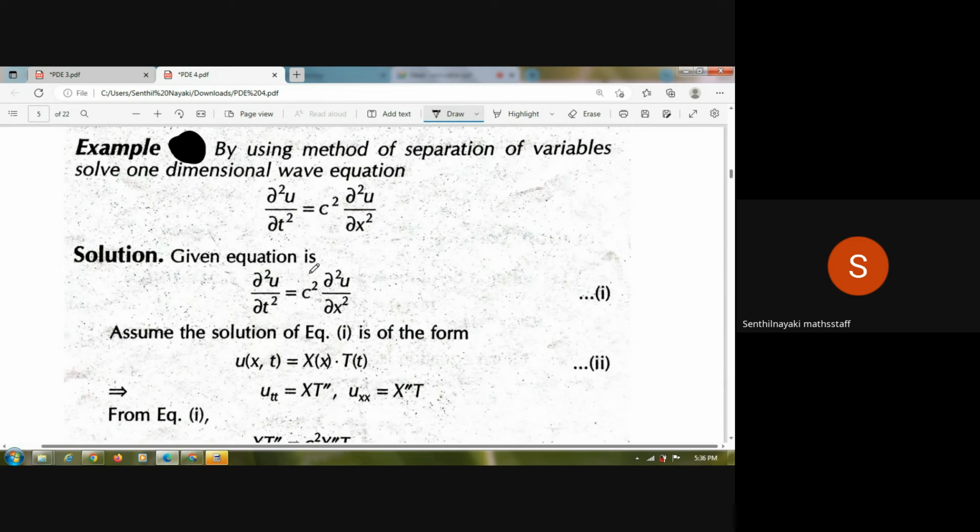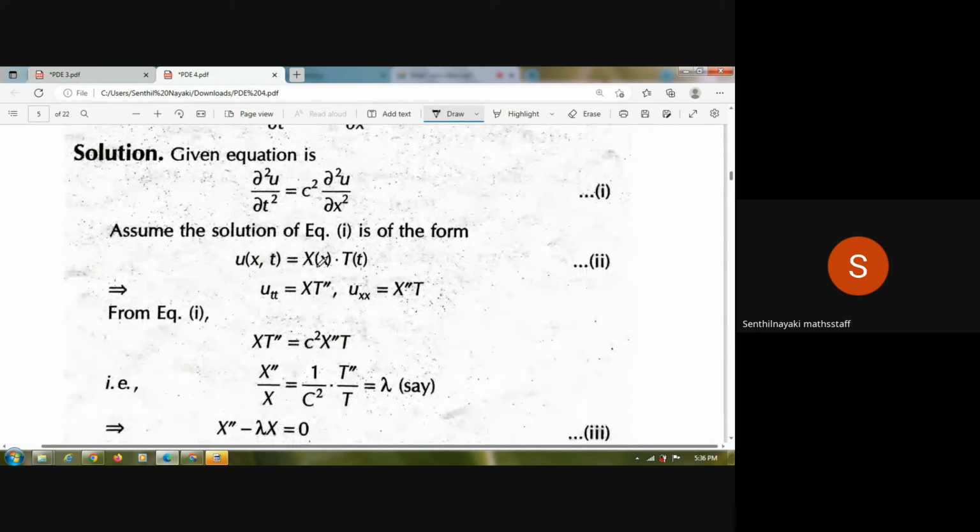Our aim is first to separate the x variable and t variable alone, because u is a function of x and t. This dependent variable depends on two independent variables x and t. We have to convert this into the form X(x), a function depending on only one independent variable x.